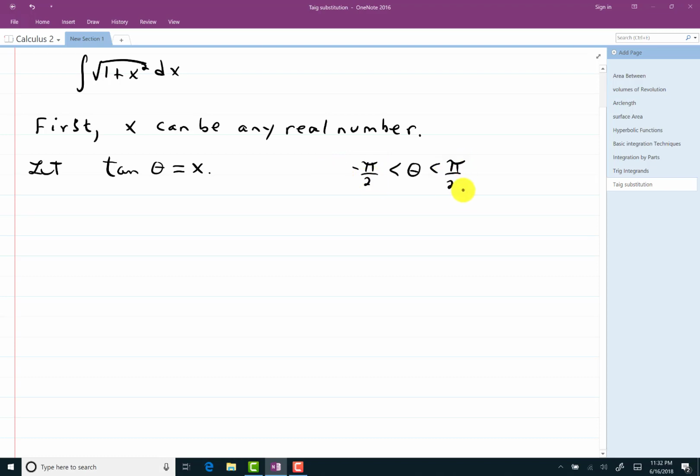You'll probably remember the graph of tangent does this. Kind of like a cubic, but not quite. It has a vertical asymptote at negative pi over 2, and it has a vertical asymptote at pi over 2. What I'm saying is, if x is any possible real number, put it up here.